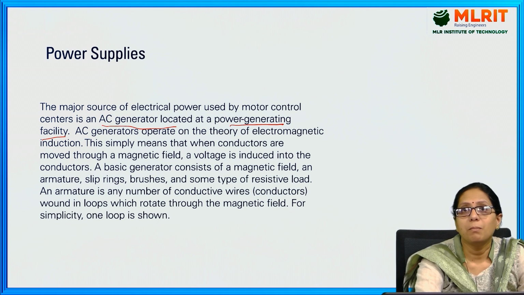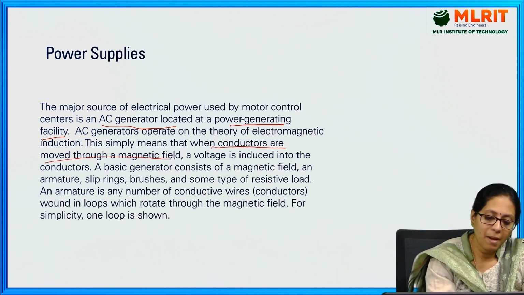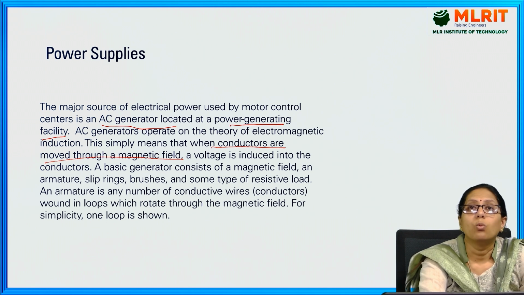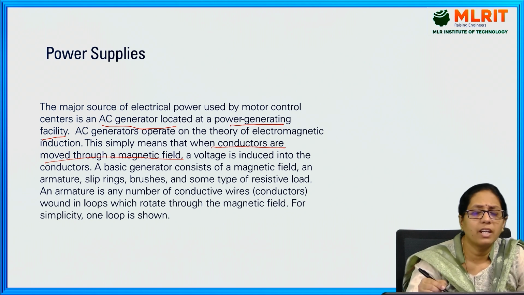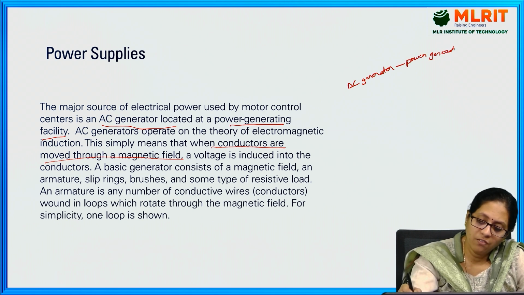This simply means that when conductors are moved through a magnetic field, a voltage is induced in the conductors. A basic generator consists of a simple generator combination. So the AC generator is there in the power generating facility.